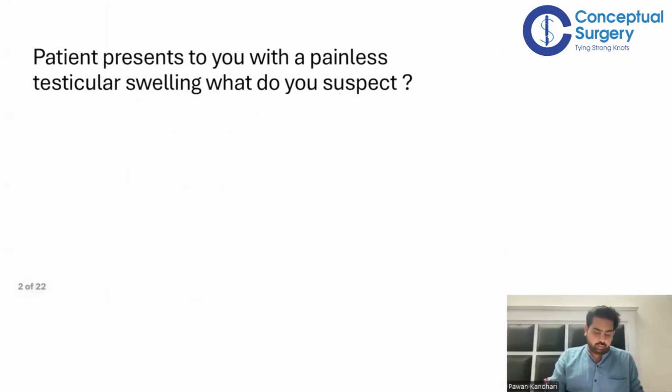Now, let's talk about it. So, patients present to you with a painless testicular swelling. Now, I have narrowed it down to painless. So, obviously, if it is painless, it is not epididymo-orchitis. Okay, what do you suspect?